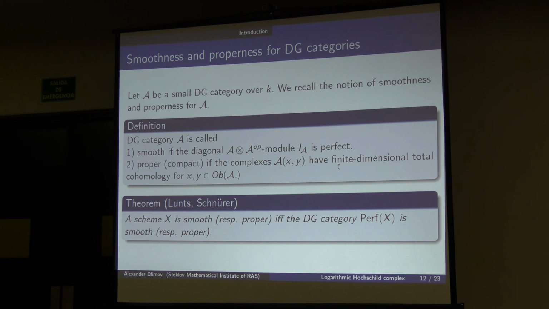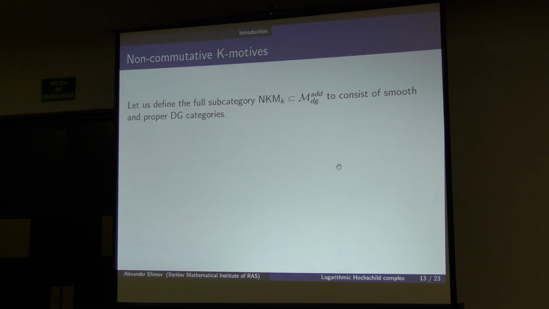The theorem of Lunts and Schnürer, I think they were the first who wrote this in a paper, though it was known to specialists for some time, says that a scheme X of finite type is smooth, respectively proper, if and only if the corresponding DG category of perfect complexes is smooth or proper.